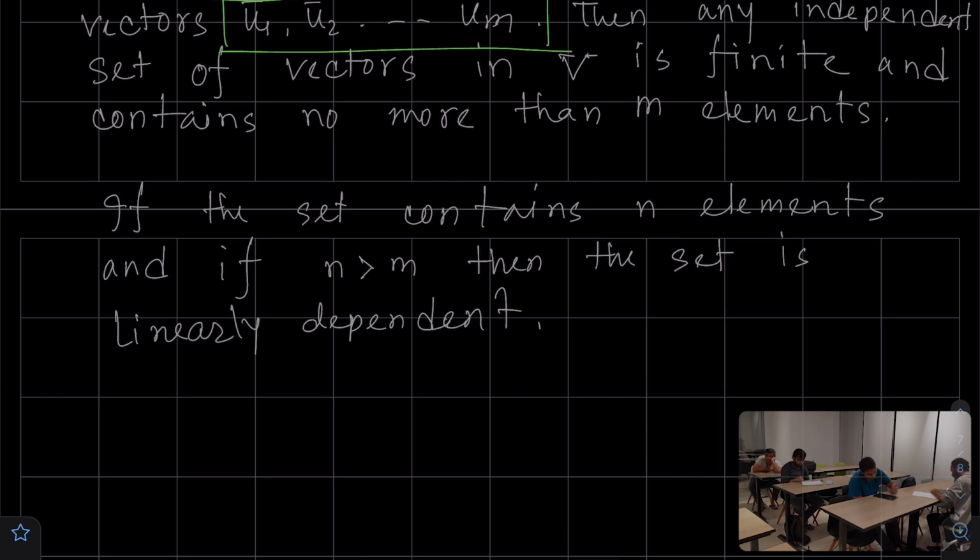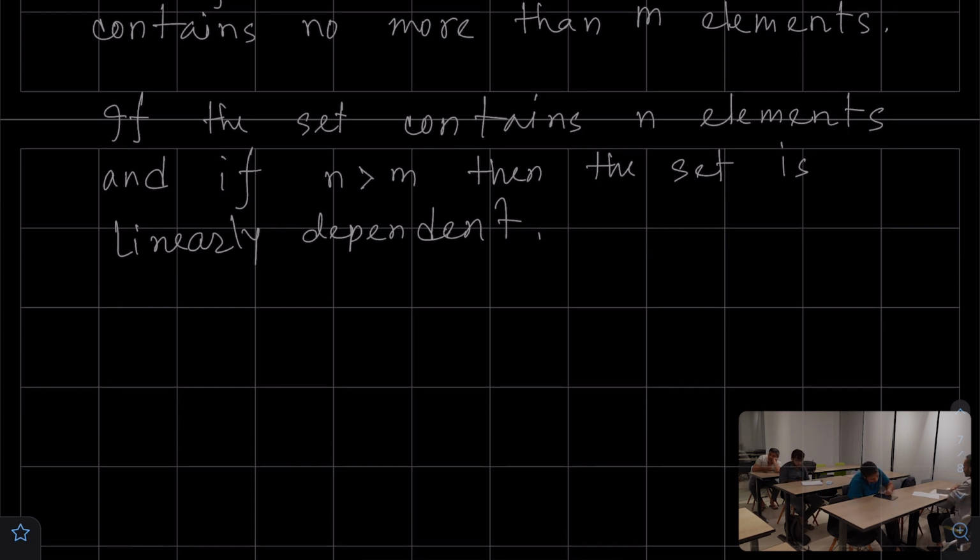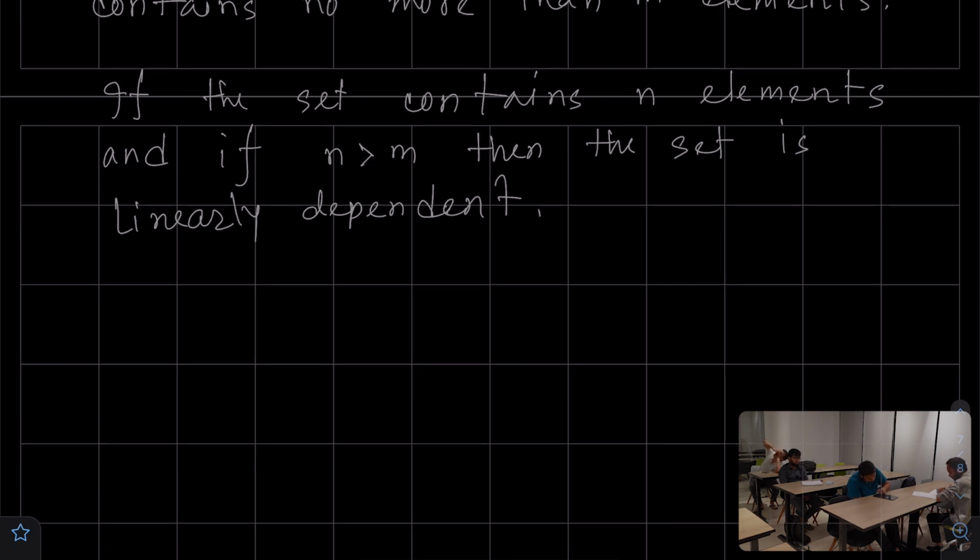So if we can show this, then that means this theorem is true. Okay, so let us consider u1, u2, dot dot un.